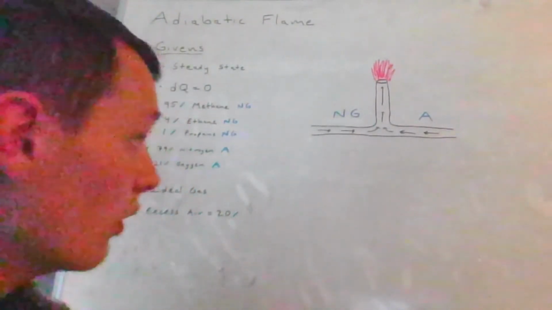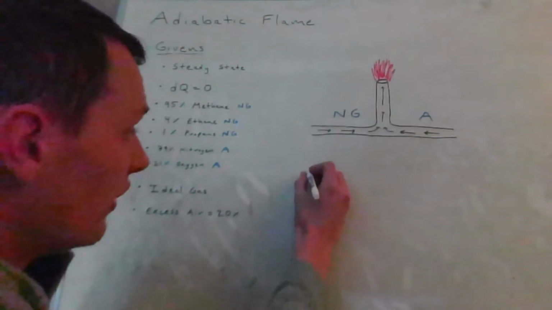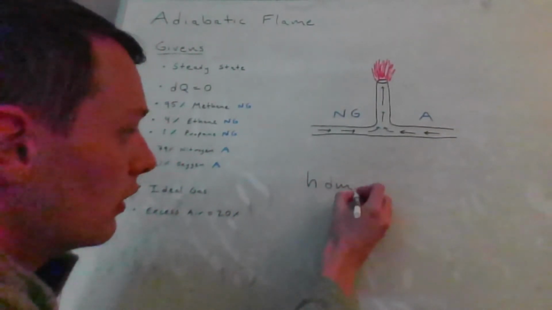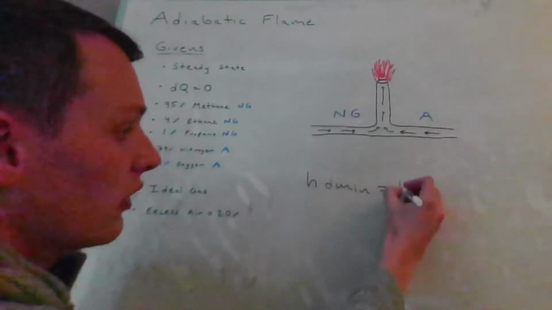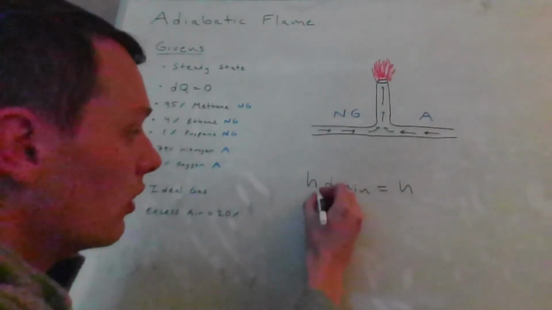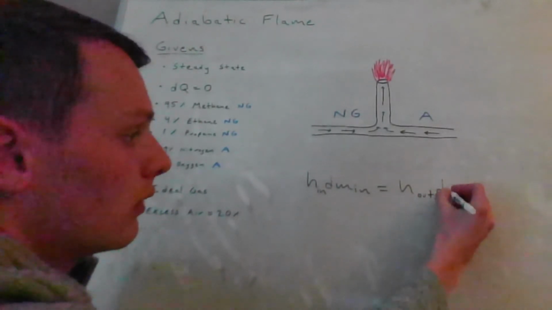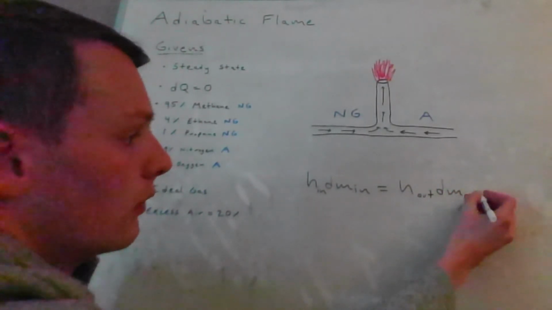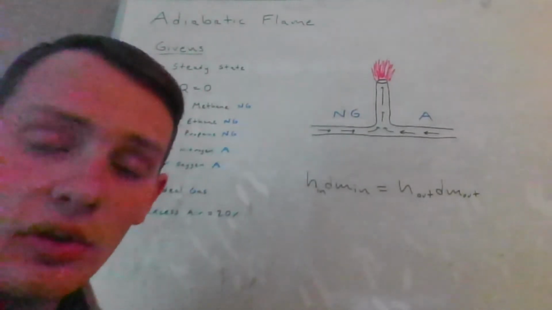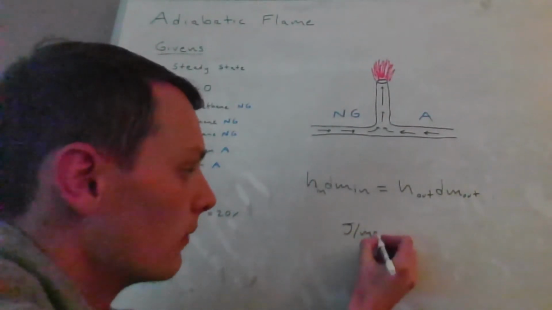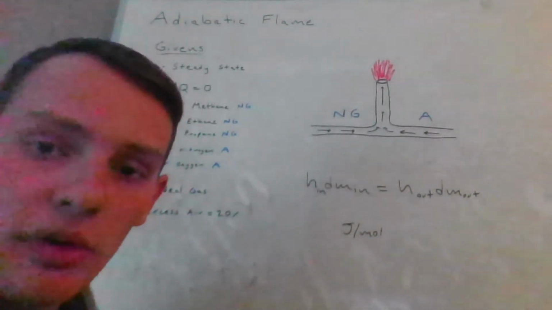So that would mean we would have some enthalpy going in per some mass equal to the enthalpy going out. And we know that enthalpy is usually expressed in some unit like joules per mole, right? And that is going to be important for us.